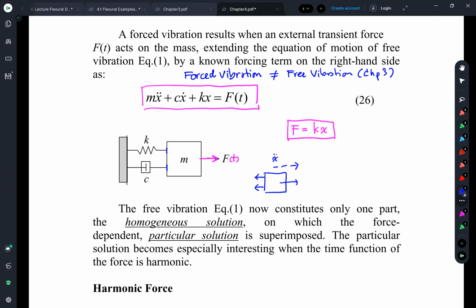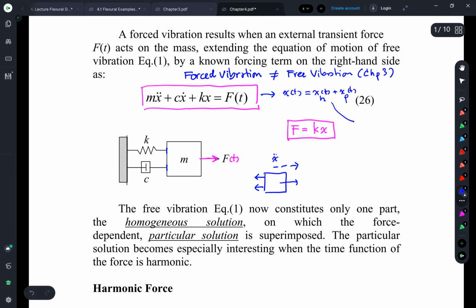Assume that x of time t, the solution of this equation 26, needs to be the homogeneous solution plus the particular solution, right?